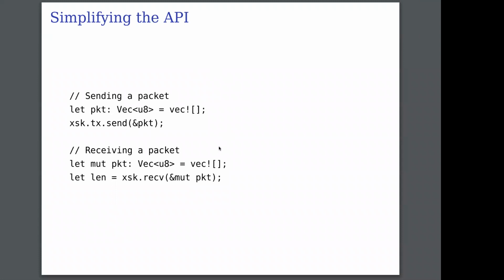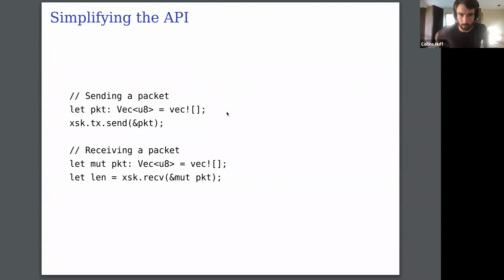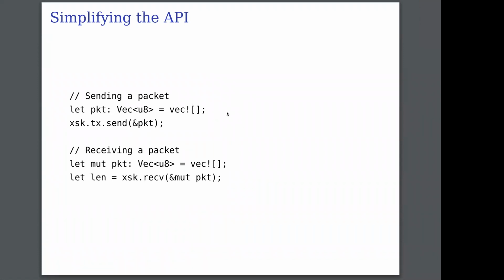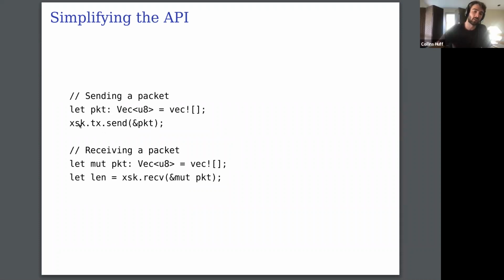Sorry, go ahead. No, you go ahead. So XSK right here, that handles all of the hard parts with the data structure and the UMEM and stuff. You just send and receive with this? No, that's more of just a container for the transmit struct and the receive struct.